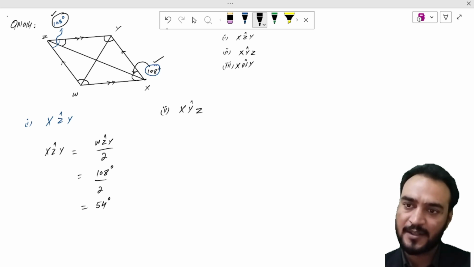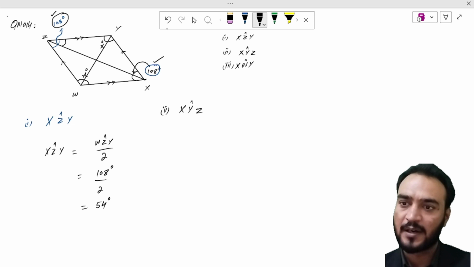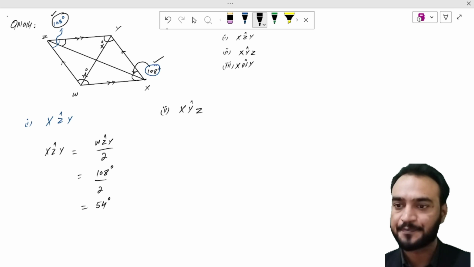So let this angle be equal to x degrees and this angle is also equal to x degrees. We put the sum of these four angles equal to 360 degrees to get the value of x, which is the angle XYZ.